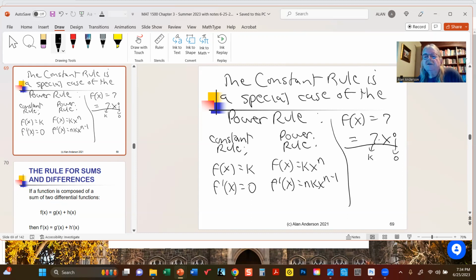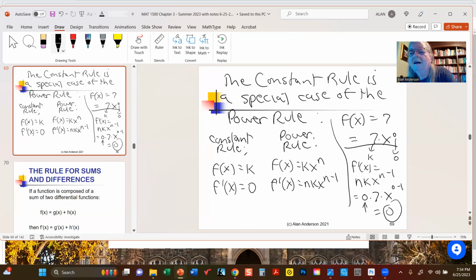All right, so then if you apply the rule, look what's going to happen. 0 times 7 times x to the 0 minus 1. But the 0 here ensures that the entire term will just be 0. So there you go. Yes, the constant rule is just a special case of the power rule.